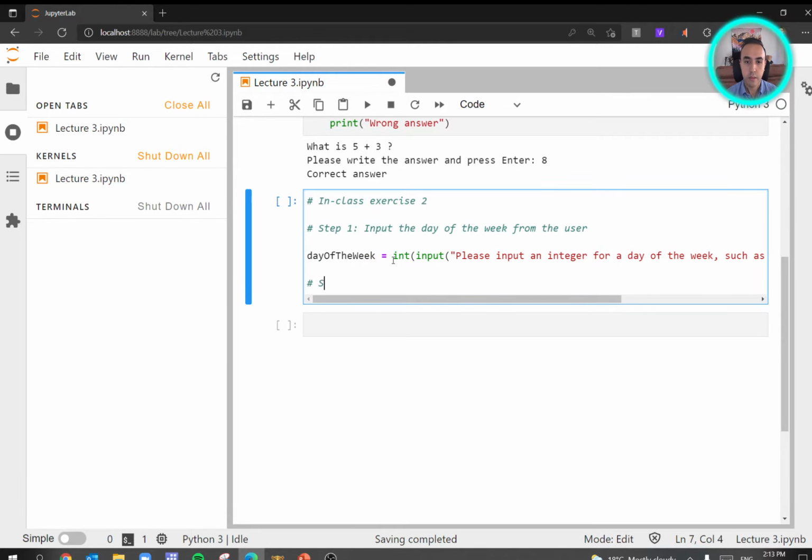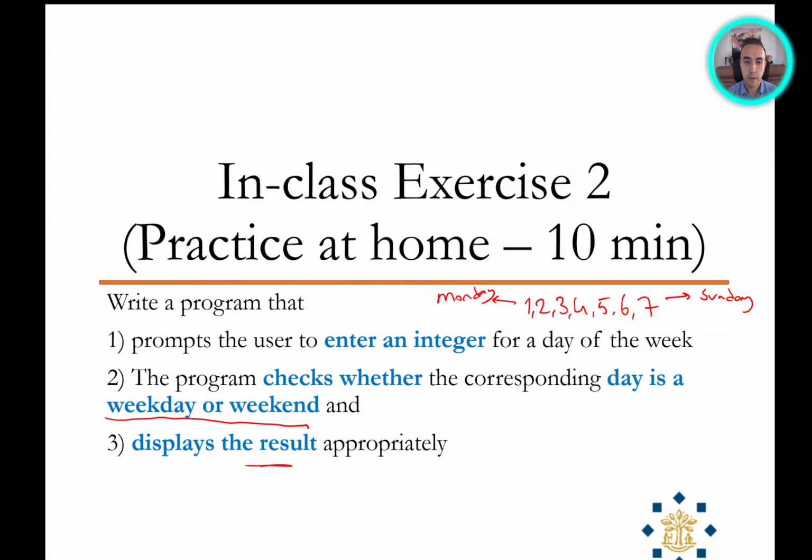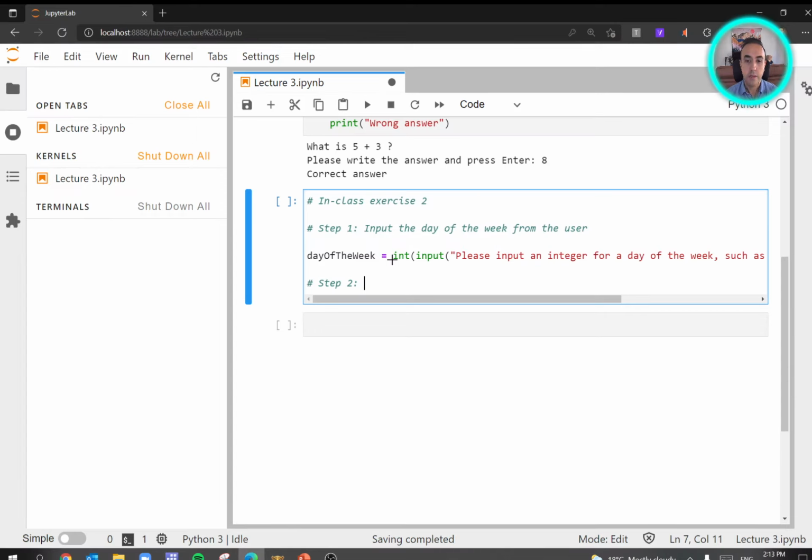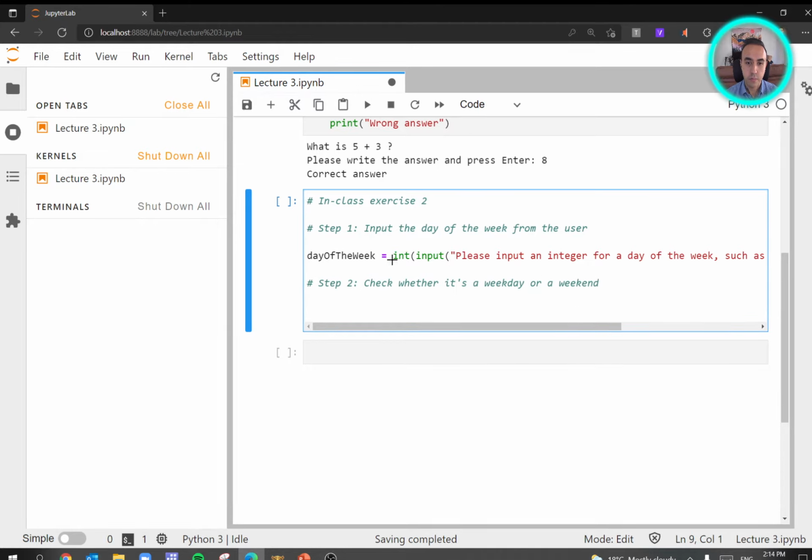All right. Step 2. Now the program checks whether the corresponding day is a weekday or a weekend. So here we are going to use the following. For instance, we'll first check if it's greater than 1 and less than 5, right?